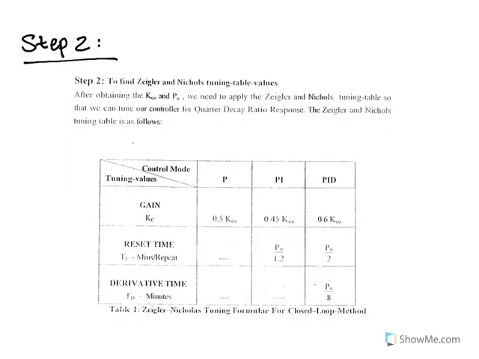Step 2: when we find the ultimate gain and ultimate period, we use the Ziegler-Nichols tuning table. This table is very, very important. You can find it anywhere, especially in chemical processes or process reactions, in order to do the PID.